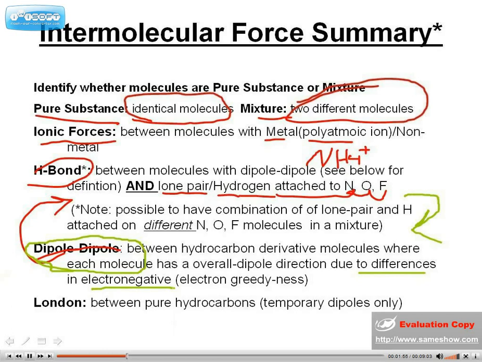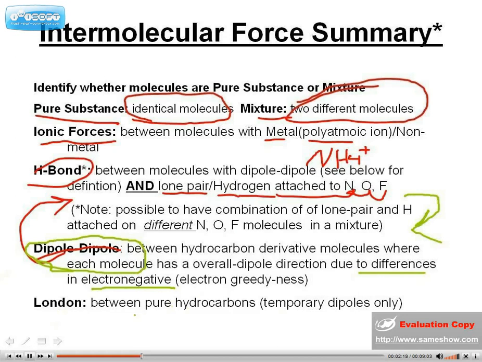So if I give you a periodic table, the atom which is closer to fluorine is more electronegative. If it's a tie between oxygen and chlorine, oxygen's more electronegative than chlorine is. But generally, the closer the atom is to fluorine on the periodic table, the more electronegative it is. And fluorine is the king of electronegativity.